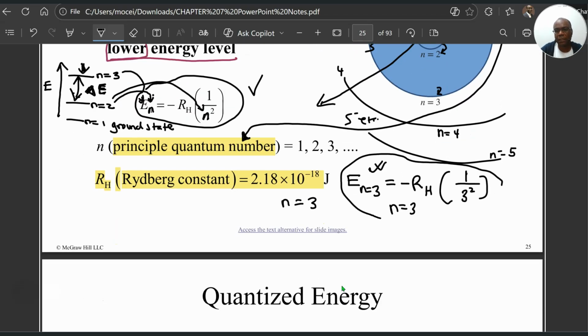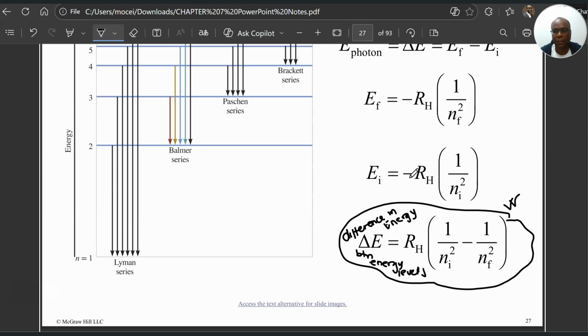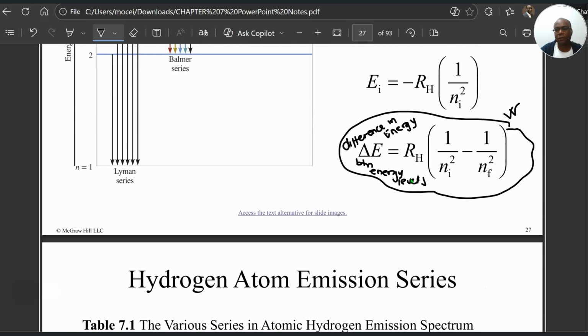This one is for a specific energy level. If you're comparing the energy difference between two energy levels, you'll have to use this one, where now you see this is the initial energy level, this is the final. Okay, so this will be the formula to use.